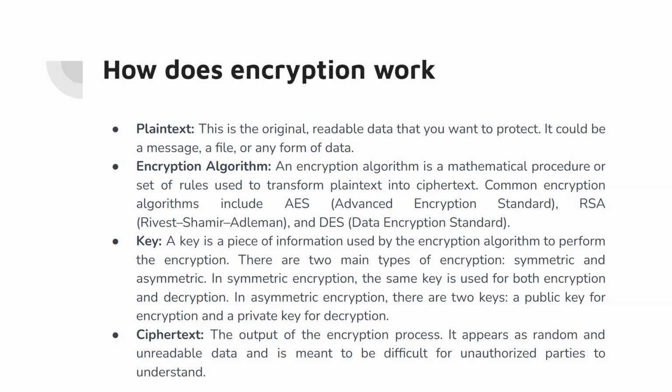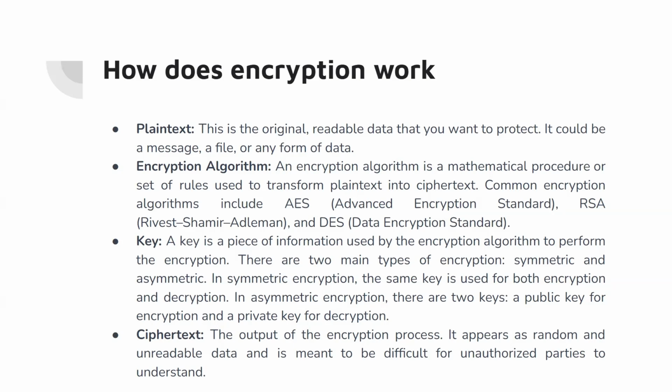Then a key is essential because it's a crucial piece of information that is used by the encryption algorithm to perform the encryption process. The choice of the key is a critical factor in ensuring the security of the encrypted data. The key can be, for example, a symmetric encryption key, which is used for both the encryption and decryption processes.